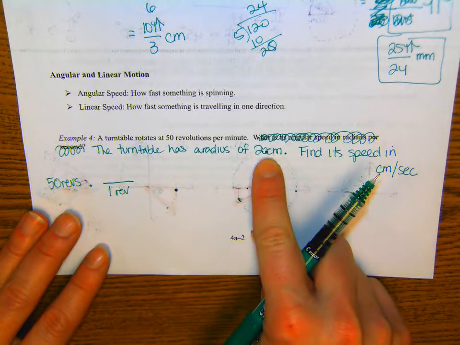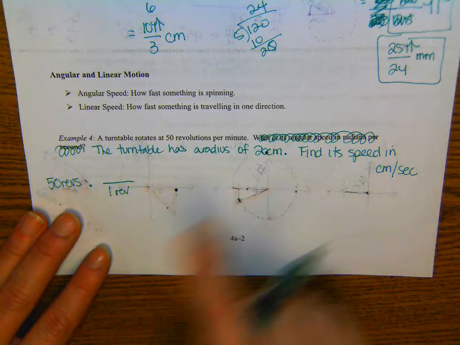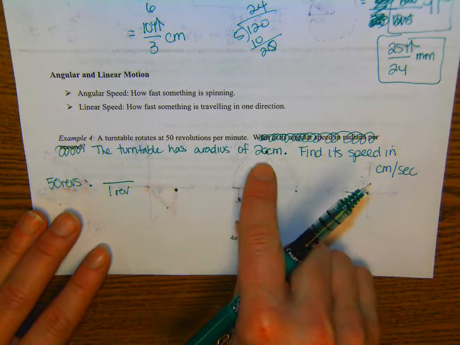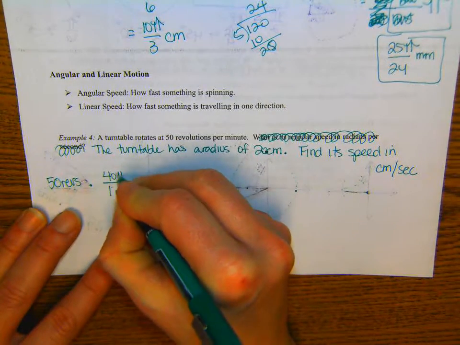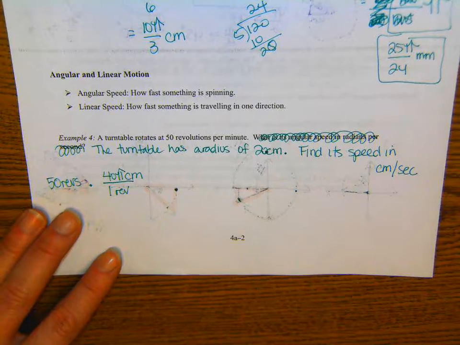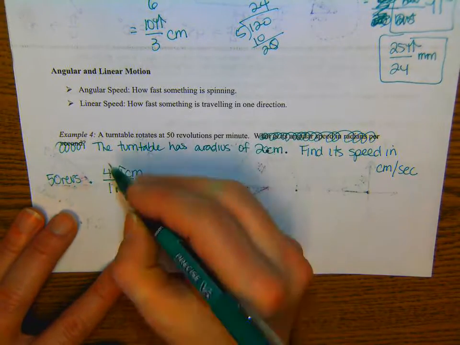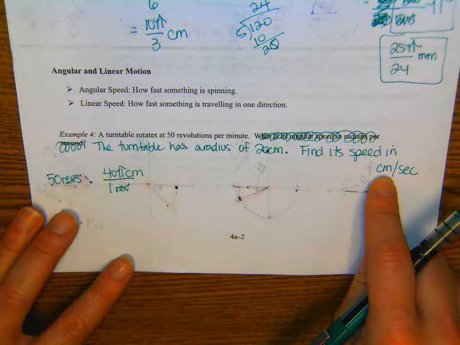So according to what I said, what should I write on the top then? If the radius is 20, 2 times 20 times pi, so 40 pi centimeters. That would be the circumference. What words are going to be able to cancel then? Revolution. Okay, do you see how then I'm going to have it in centimeters, which is what I want.